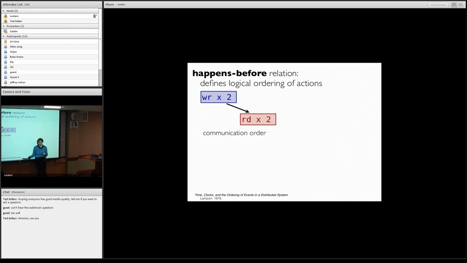He talks about physical time and what it really means. But the key point is that if we just use clocks to keep track of things in a distributed system, we have to worry about how different clocks relate. They might not be the same notion of time.